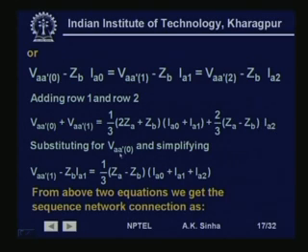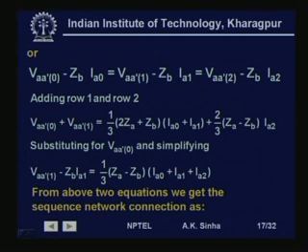Now, substituting for VAA dash 0 and simplifying, from here we can substitute the value by putting this side on this side, and simplifying we will get VAA dash 1 minus ZB into IA1 is equal to 1 by 3 ZA minus ZB into IA0 plus IA1 plus IA2. That is, what we have done is substituting the value of this from this one, and then we get VAA dash 1 minus ZB into IA1 is equal to this term.